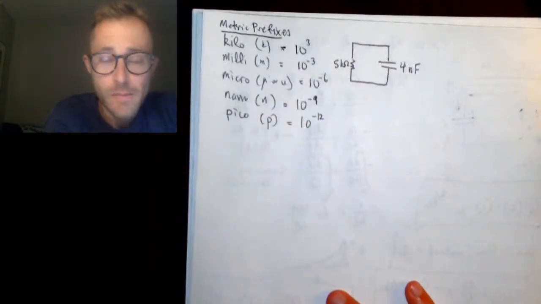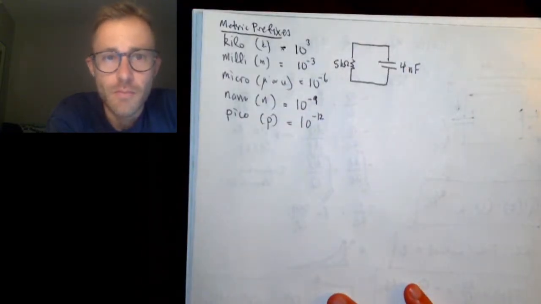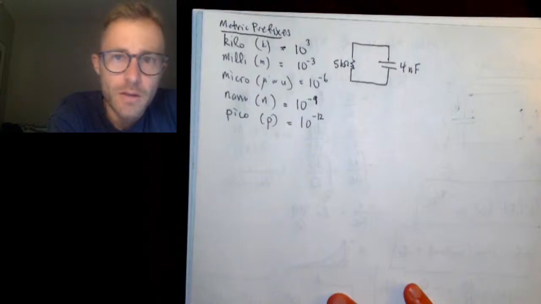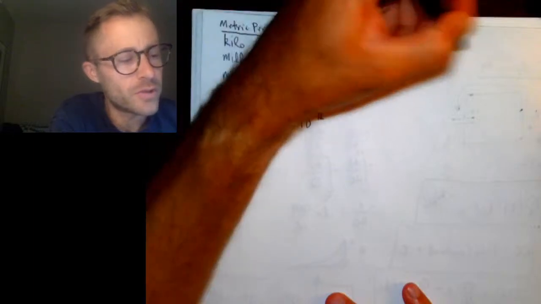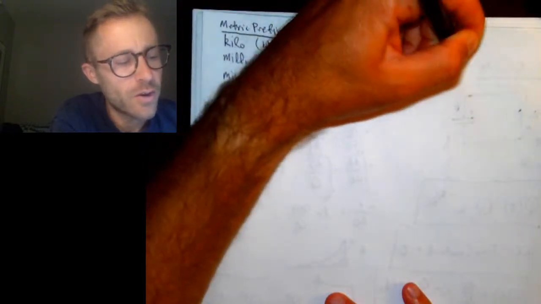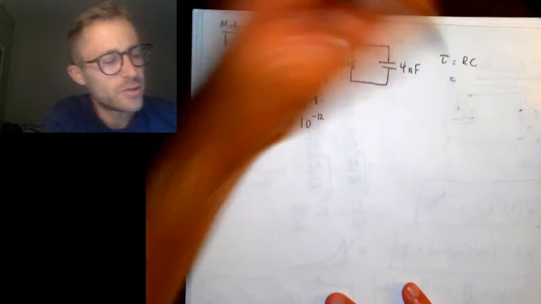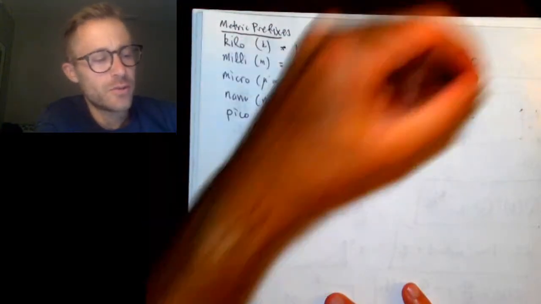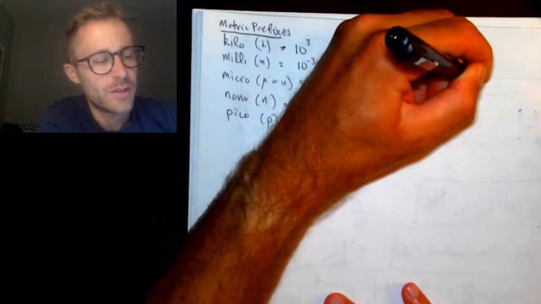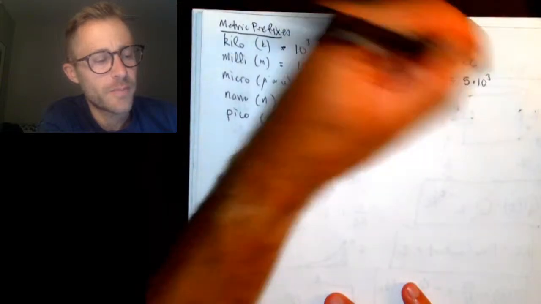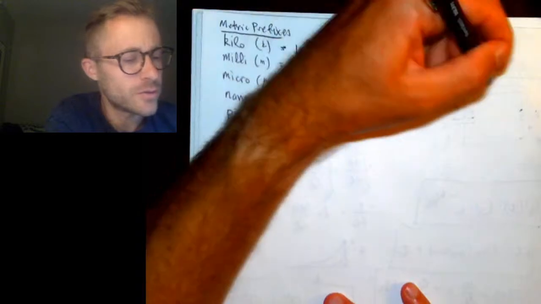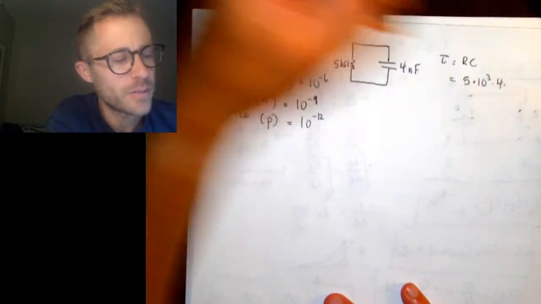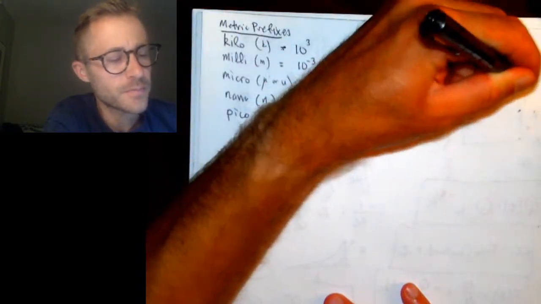All right. So what's going to be the time constant? Well, the time constant is RC. So it's 5 kilos, that's 5 times 10 to the third, times 4 nanos, so times 4 times 10 to the minus 9.